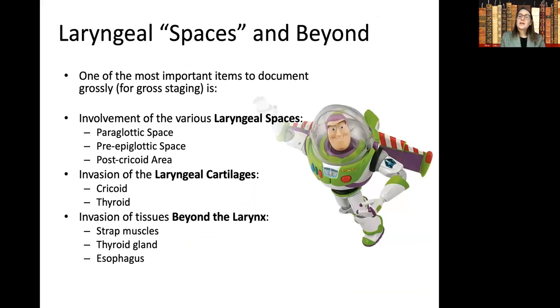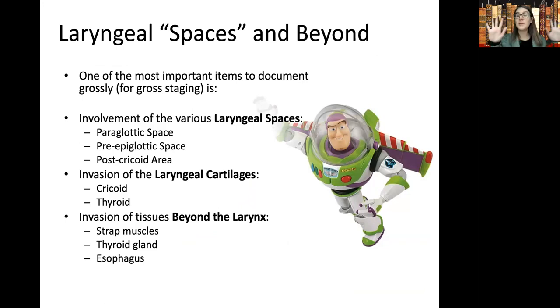So once we have these sections, we need to evaluate the laryngeal spaces and tissues beyond the larynx. This is very important for gross staging of laryngectomies. So the laryngeal spaces are the paraglottic, the pre-epiglottic, and the post-cricoid. Of course, we will determine invasion into the actual laryngeal cartilages, mostly cricoid and thyroid.